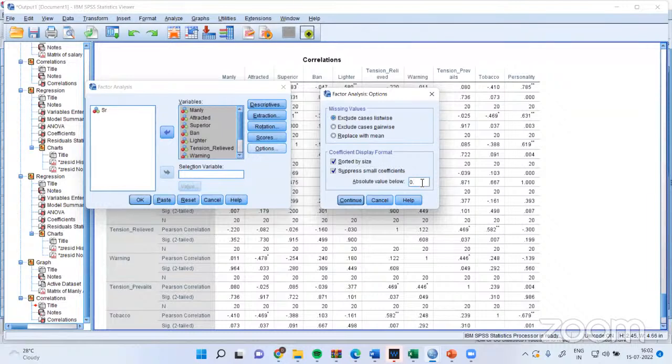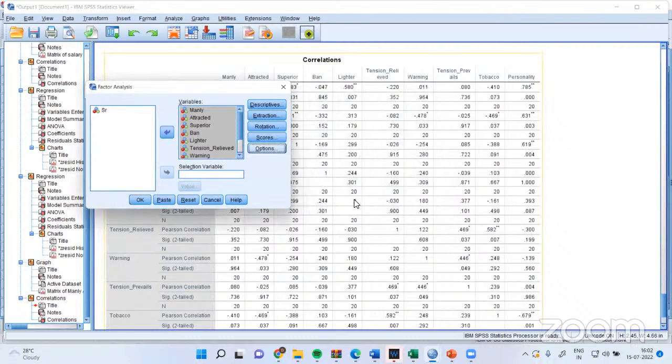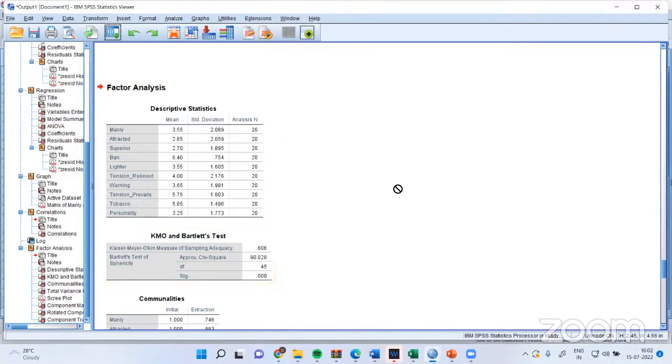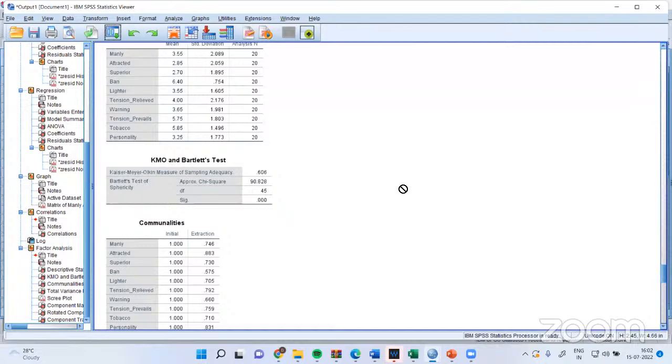Those coefficients which are having correlation less than 0.5, we will suppress it. It means that the relation is not so strong that a group formation should be done. So suppress the relationship 0.5. Continue. Click OK. Done.